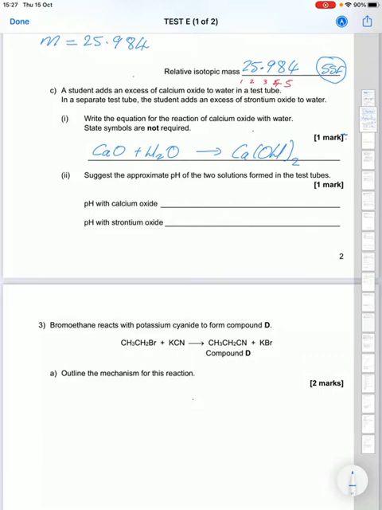And then the pH of the calcium oxide, so it's going to be alkaline, which means its pH is going to be above 7. However, because calcium hydroxide is sparingly soluble, there will be less hydroxides in solution than strontium. Which means its pH, although it has to be above 7, it must be less than that of strontium. So I'm going to pick 9. And for strontium oxide, I'm going to pick 13. Okay.